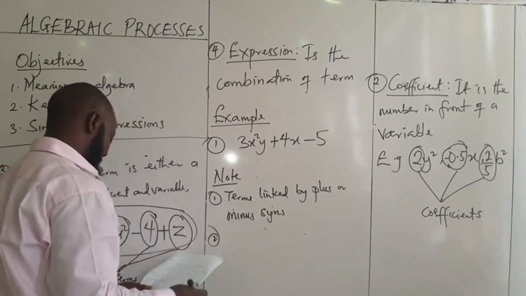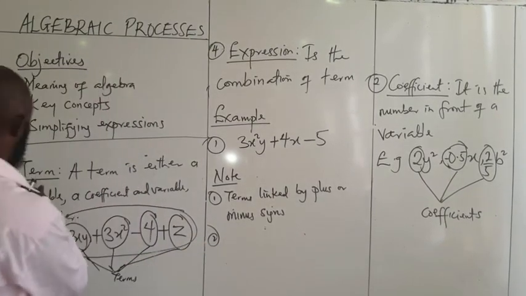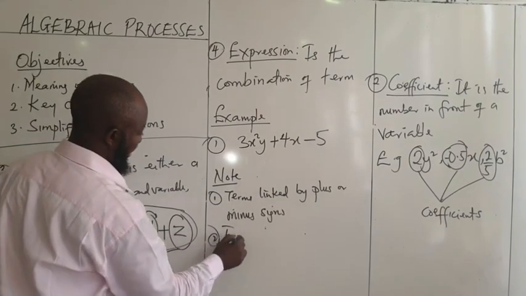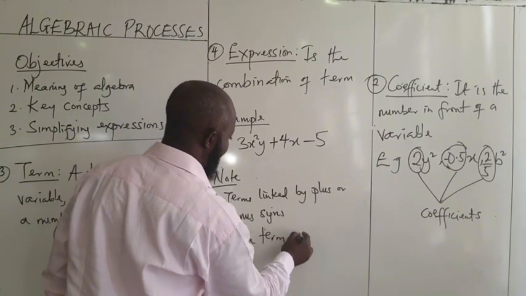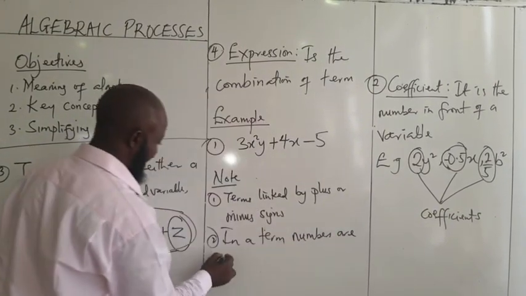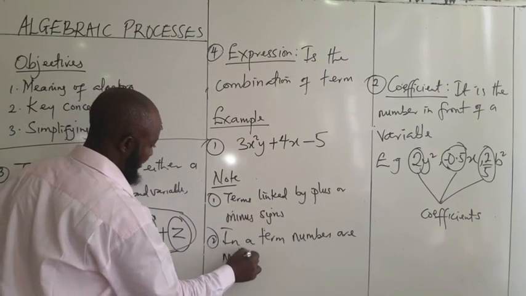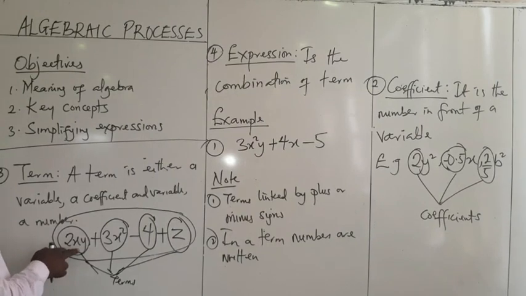Then the second one is, in a term, numbers are written first. For example, you can see the number comes first, followed by letters.